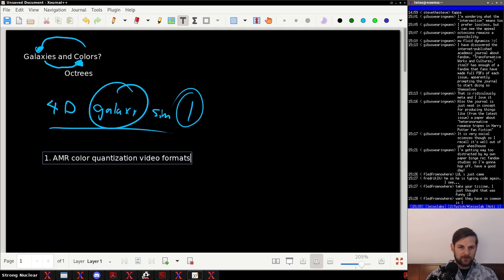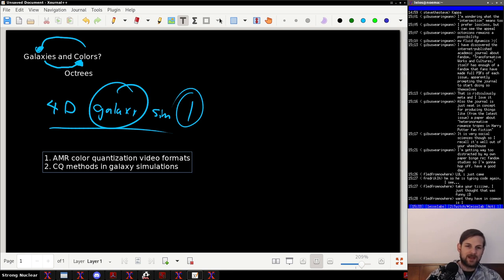And two, we can probably do better color quantization methods in galaxy simulations. So these are two interesting research directions that I could imagine going in. And I'm still looking at papers for both these directions. In fact, I probably will continue looking at papers in just a bit. And so that's what I'm looking at doing right now.